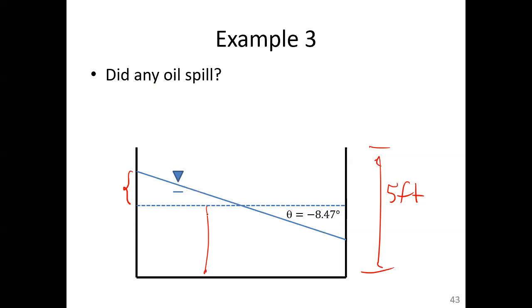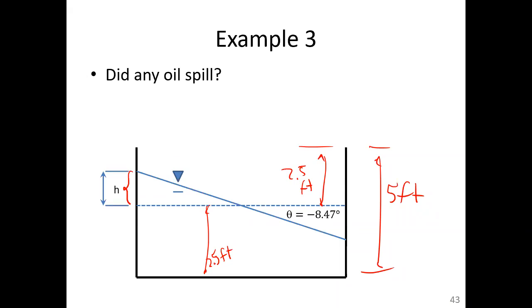And if this was initially half full, that's 2.5 feet, which means this distance is 2.5 feet, right? And so if we calculate that distance on the left-hand side, h, and it's 2.5 feet or greater, we've spilled oil, right?